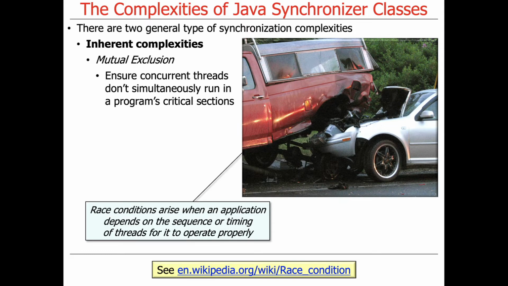One of them is mutual exclusion, as we talked about before, which is necessary to ensure concurrent threads don't simultaneously run within a program's critical section or sections. The typical phrase you will hear used for this is race conditions. A race condition arises when the proper functioning of an application depends on the sequence or timing of how the threads are scheduled and run.